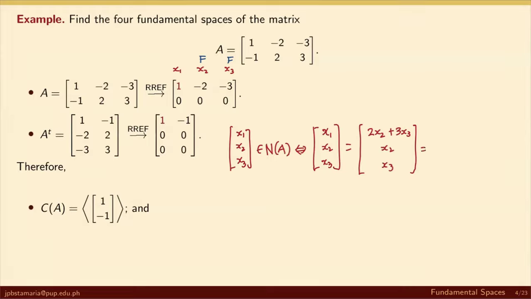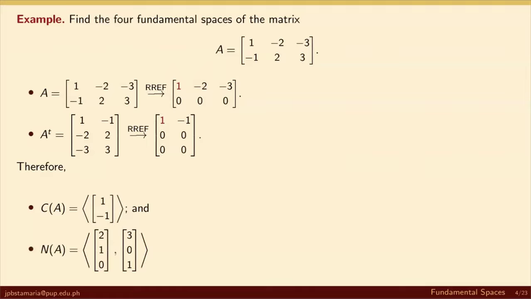So as you can see, we can write this as a linear combination of the vectors (2, 1, 0) plus (3, 0, 1). And this is why the null space of A is the span of the vectors (2, 1, 0) and (3, 0, 1). So the null space is in R3. We know that very well because A is a 2 by 3 matrix.